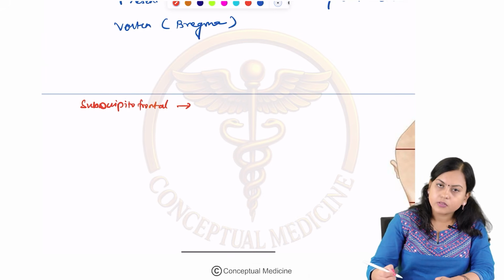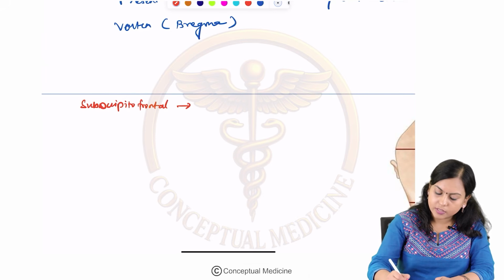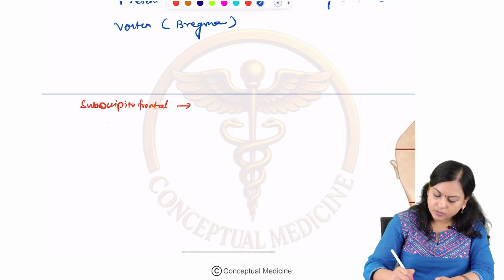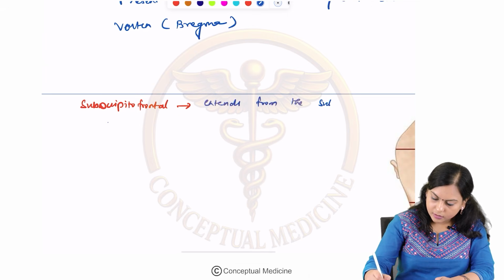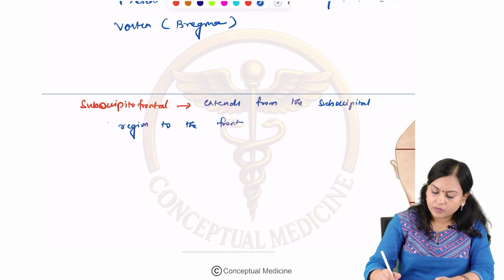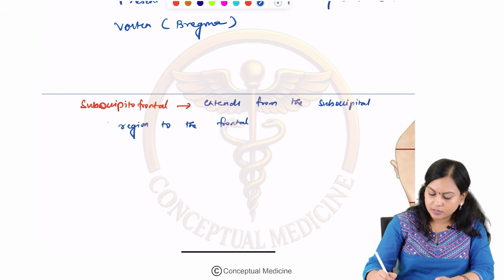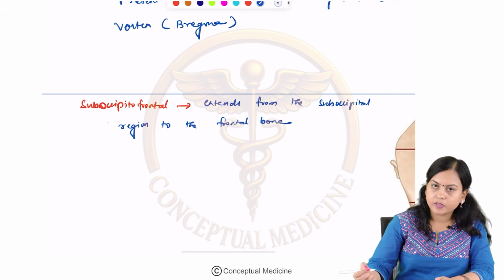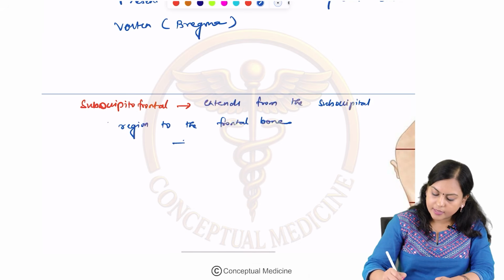So, from the suboccipital region to the frontal bone. And this measures around.